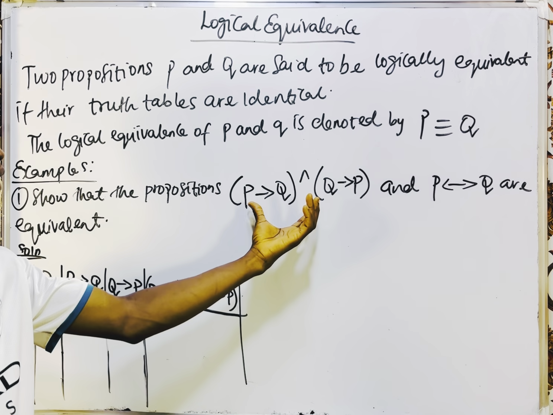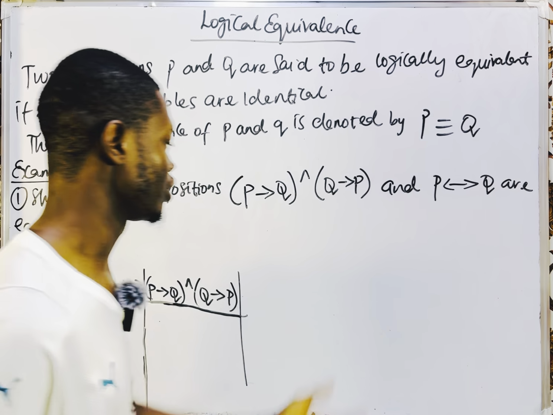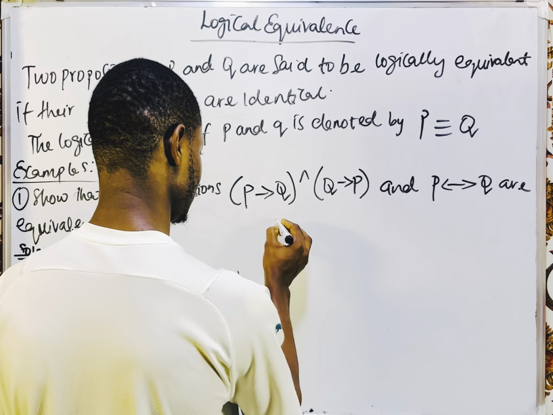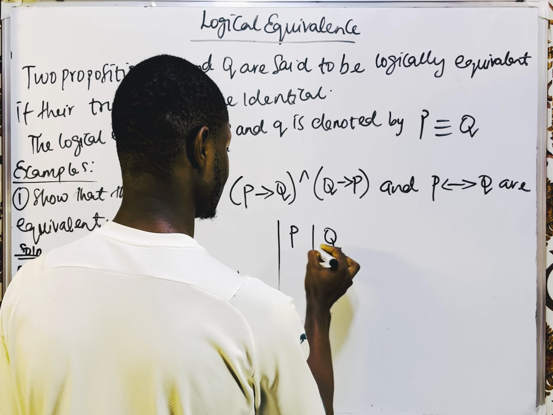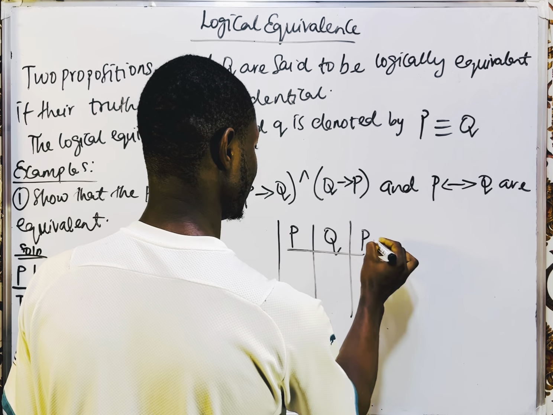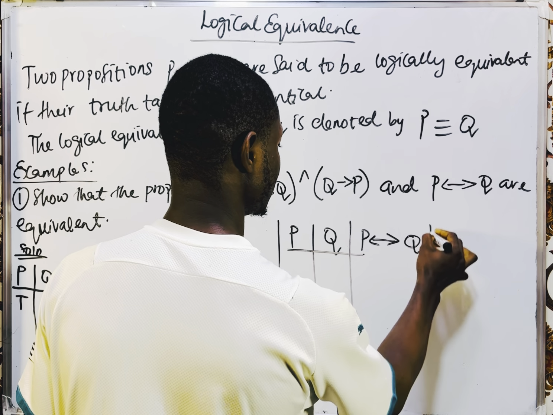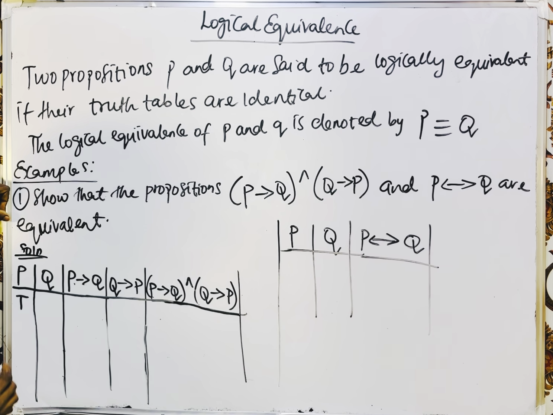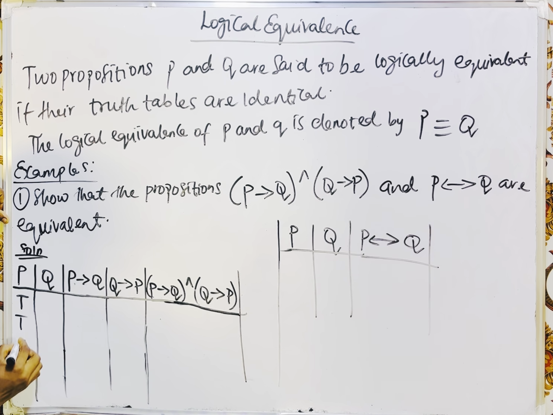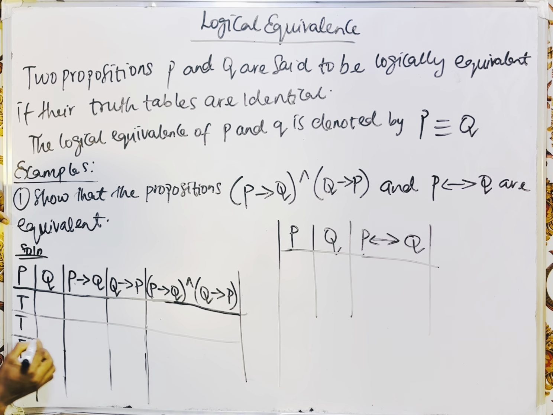So we are going to represent the other one with P, Q, and P implies Q. See how you are going to put it: truth, truth, false, and false.